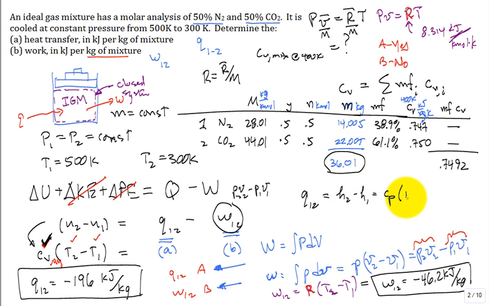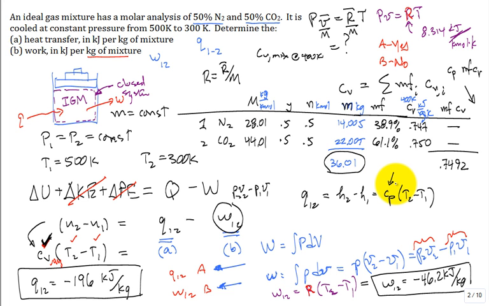I could have put a C sub P column, a mass fraction times C sub P column, added them up, and I could have got the specific heat at constant pressure for that mixture and used it right here to calculate Q1 to 2 right away. It doesn't look like it would give numerically the same answer, does it? But it will. Any comments or questions on this problem?